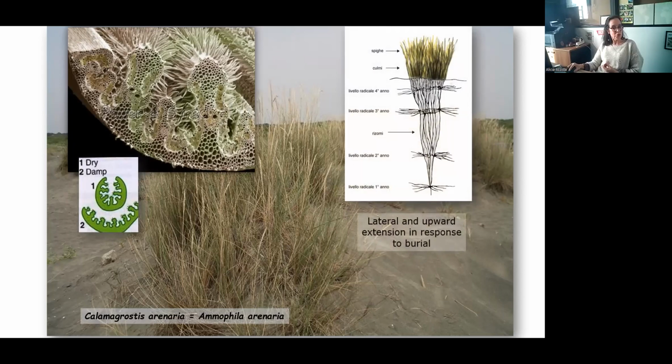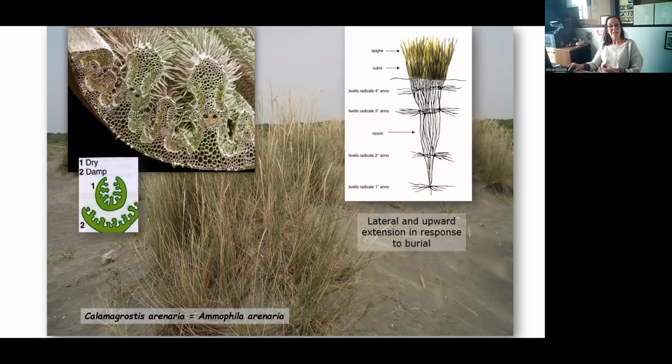Plants growing in dunes not only have to face dryness, lack of nutrients, and other constraints, but also burial by sand. Burial is a frequent event in coastal dunes, and many plants can tolerate certain amounts of sand.